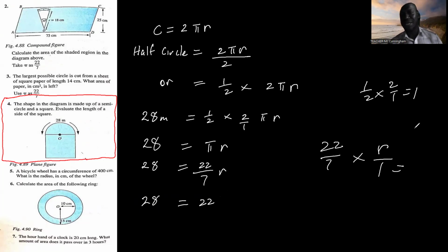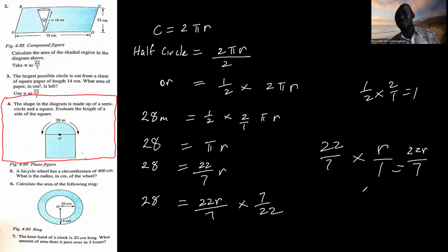If you multiply the numerators, you'll get 22r, and your denominator is 7. Now, to remove this fraction, you could cross multiply or just multiply simply by 7 over 22. Don't forget that, people.